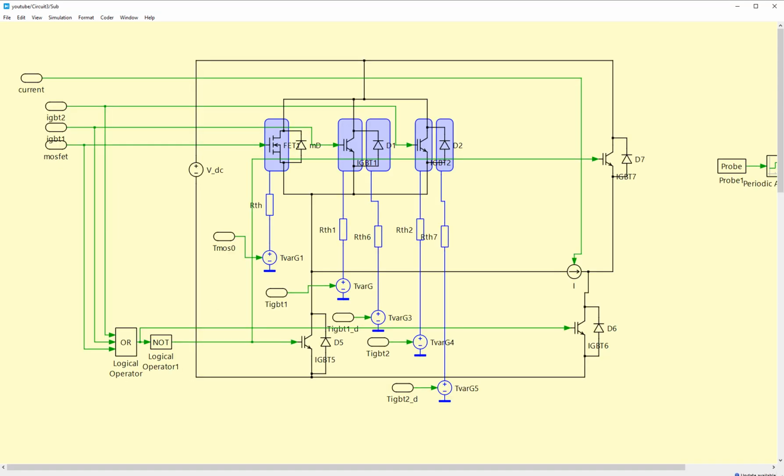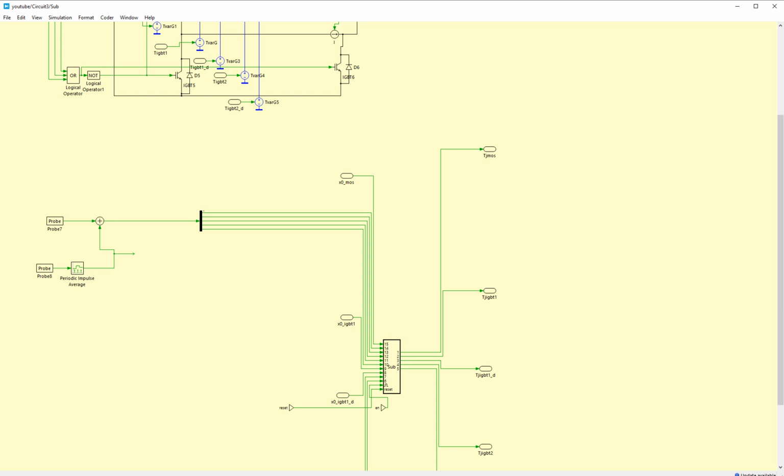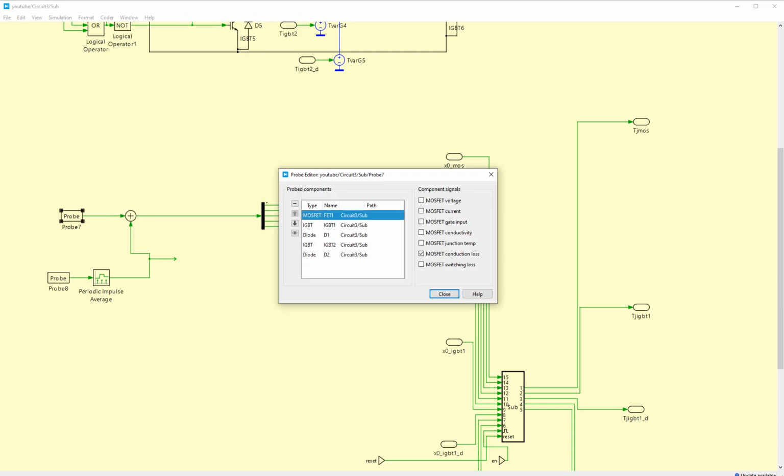Let me click on here. What I'm measuring here is the conduction losses for each device. I had one MOSFET and two IGBTs with their antiparallel diodes. So I measured conduction loss plus the switching losses for the MOSFET and the IGBT; for diodes, perhaps negligible.